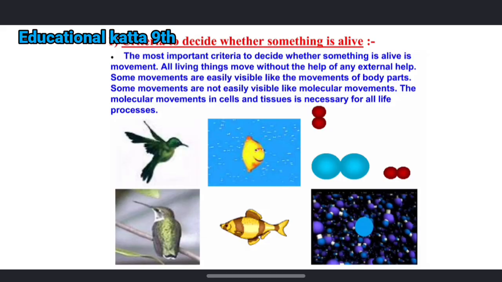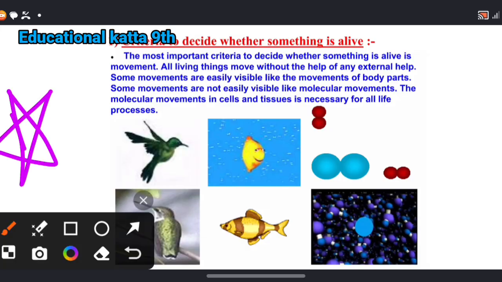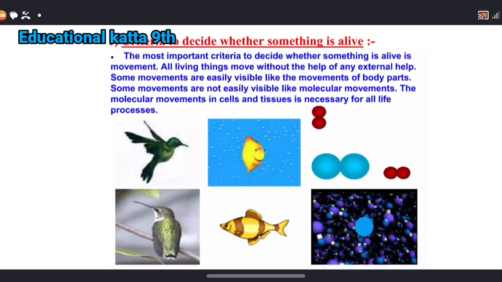This question can be asked: what's the criteria to decide something is alive or not? Okay, so let's read. The most important criteria to decide whether something is alive is movement.